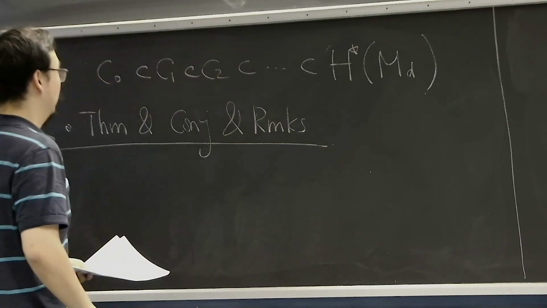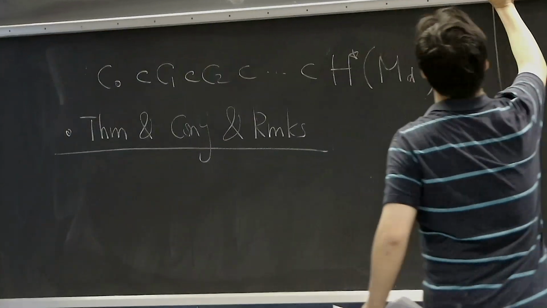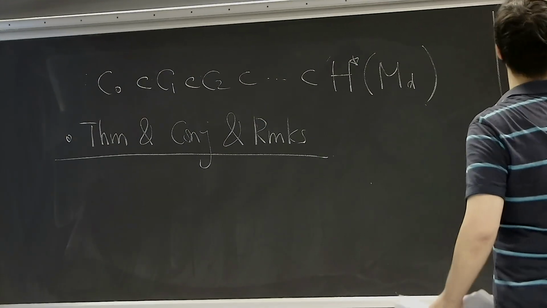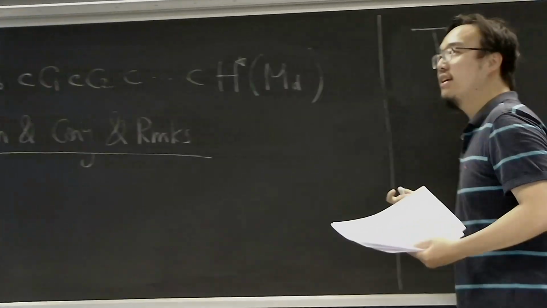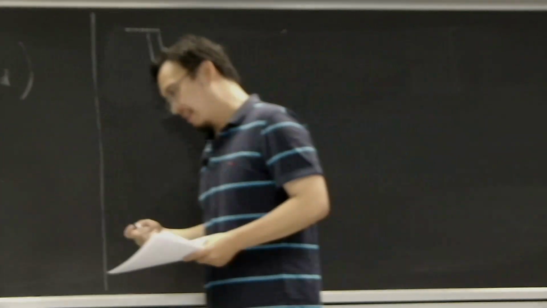So let me start with the theorem. Theorem B is the cohomological stabilization. Theorem B prime is the BPS stabilization, and now theorem B double prime.